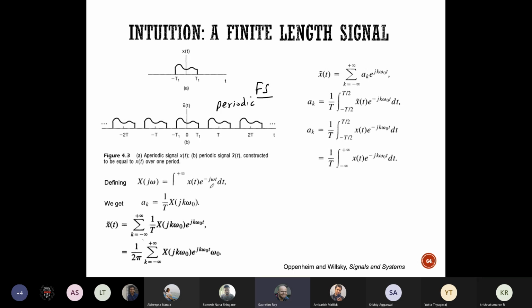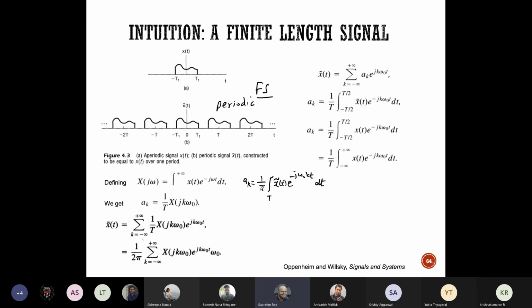So the Fourier series is going to be given by a_k, using my previous formula, is just one period of the integral of x tilde of t multiplied by e to the power minus j k omega naught t dt.